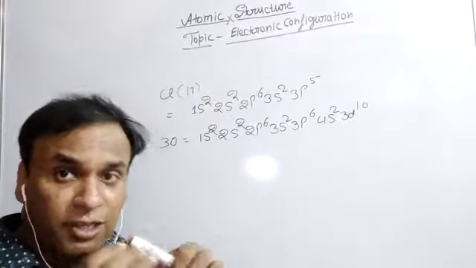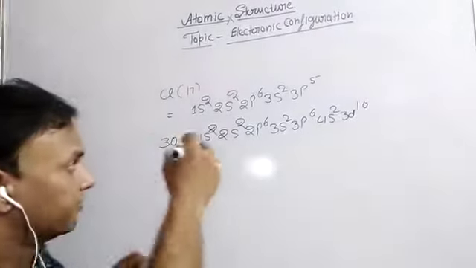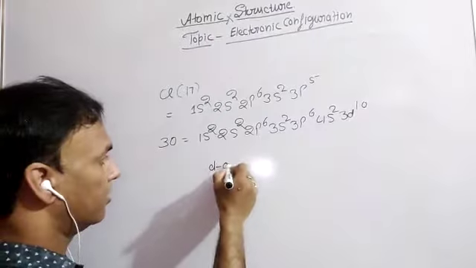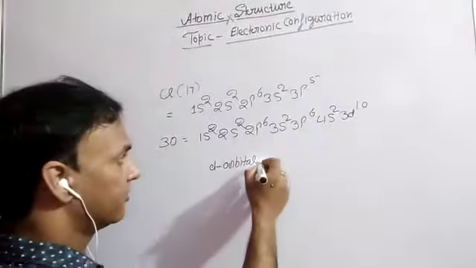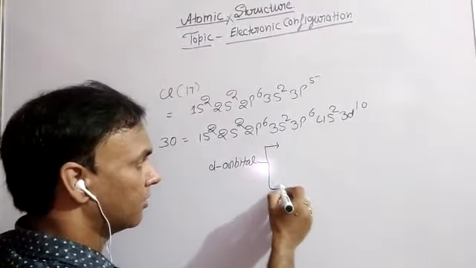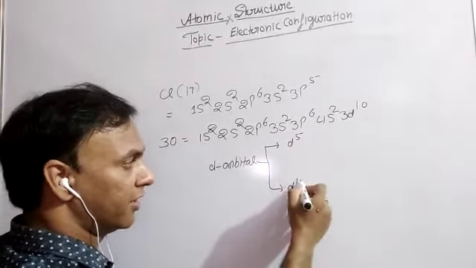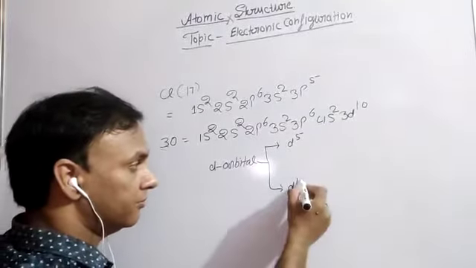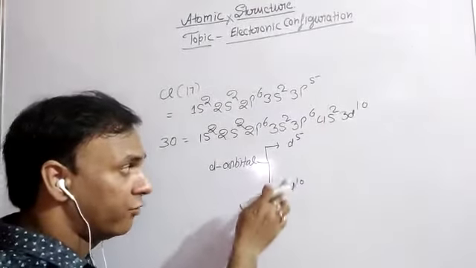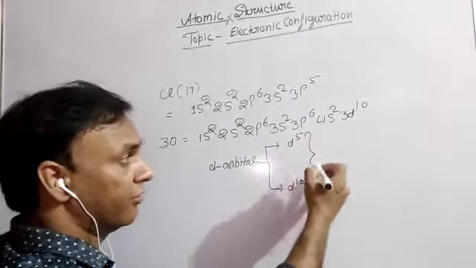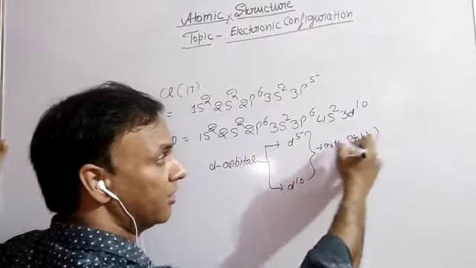The d orbitals have certain conditions. When we talk about d5 and d10, when the electronic configuration approaches either d5 or d10, this configuration is called the extra stable condition.